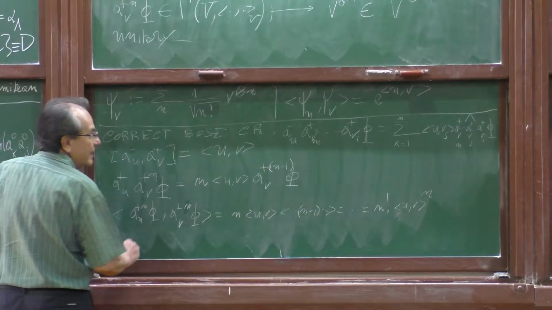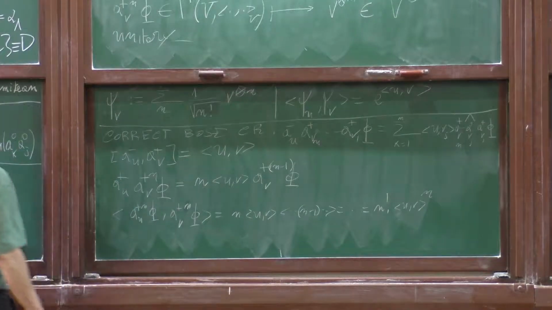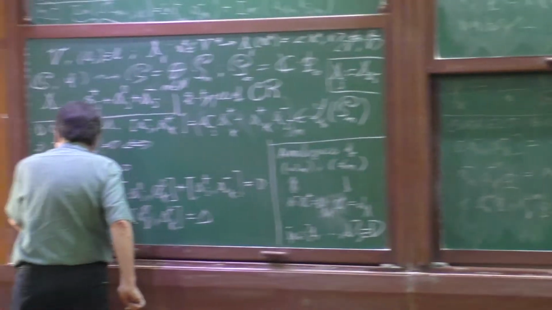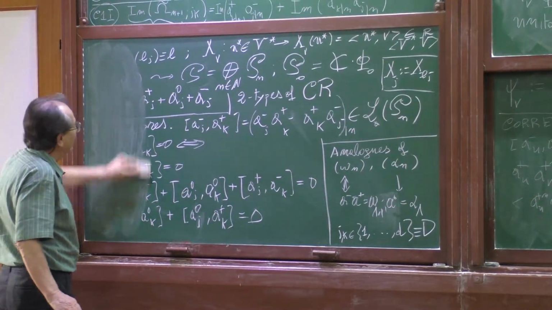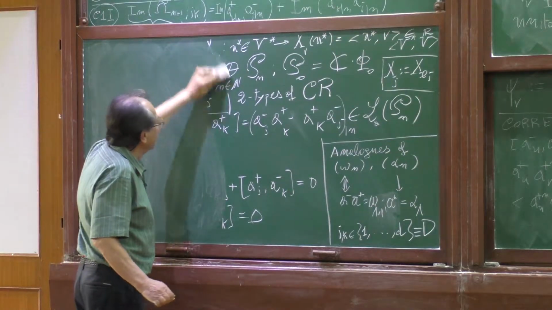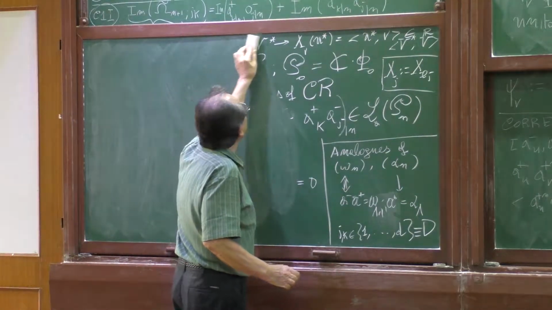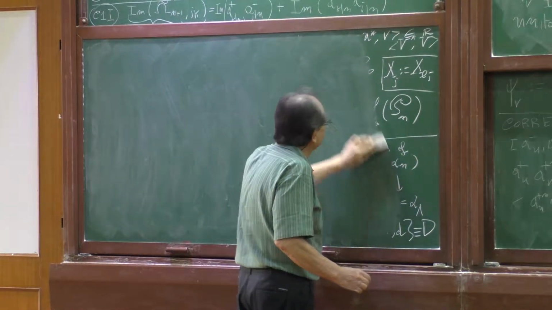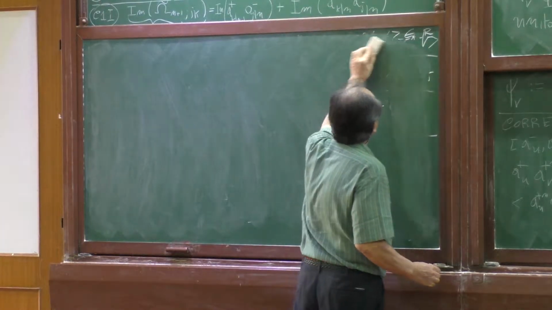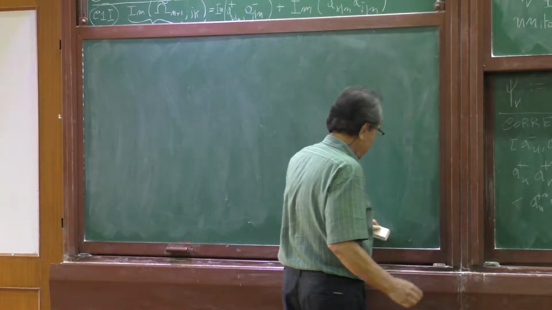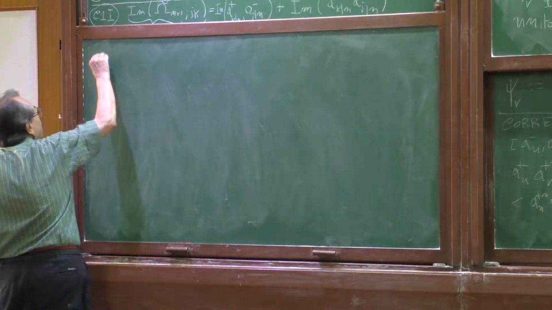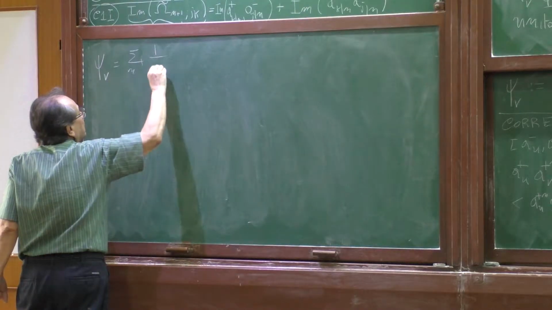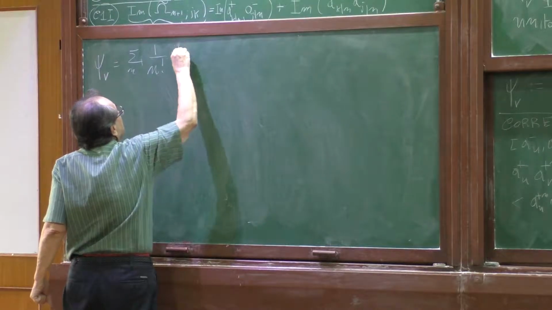What you want is to define the exponential vector as the sum over n of 1 over n factorial V tensor power n.